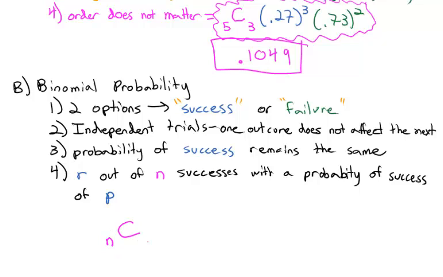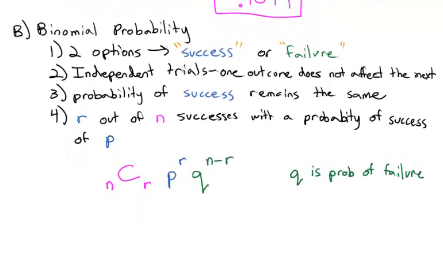Out of the N trials, we want R successes. Then we multiply by the probability of success raised to the R power, because we want to have R of those successes. Then we're going to have what's called Q to the N minus R, where Q is the probability of failure.